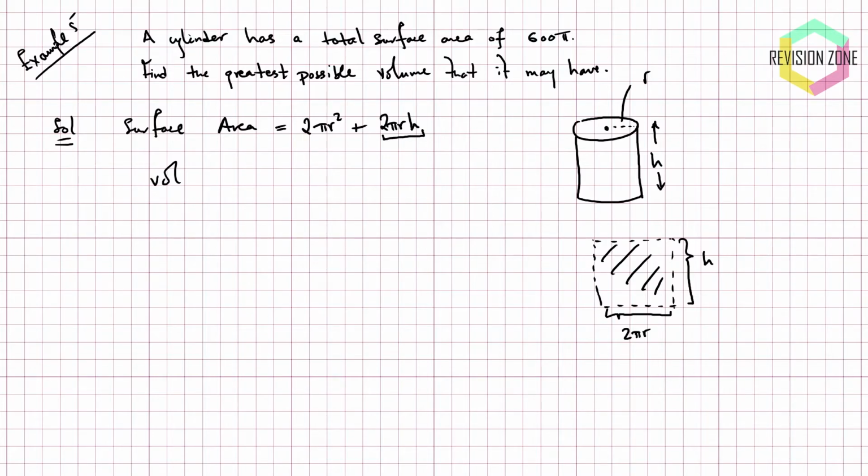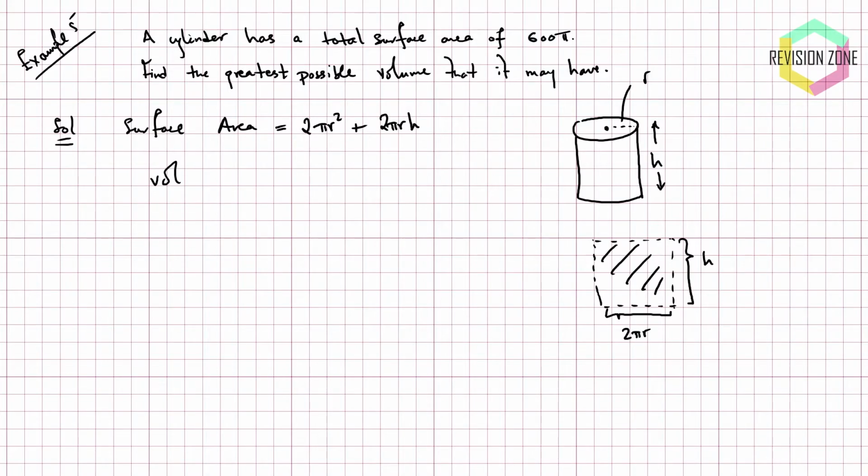But the point is you can get a cylinder by taking a sheet of paper and rolling it up. So the area of that side is going to be the same as the area of a rectangle where one of the distances is the circumference and the other distance is just the height. Okay, so that's our equation for surface area.